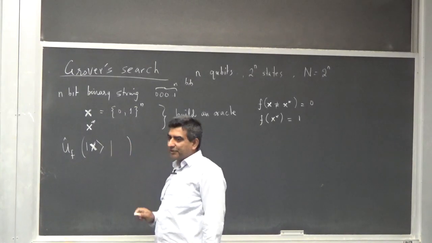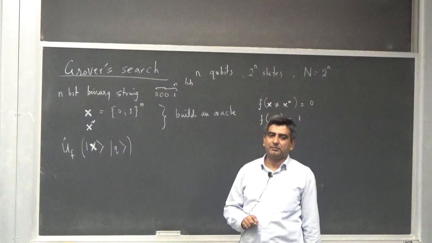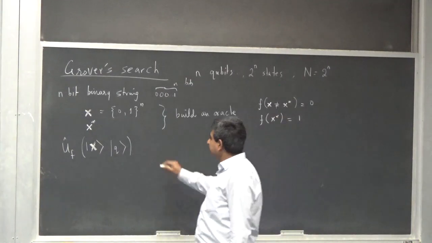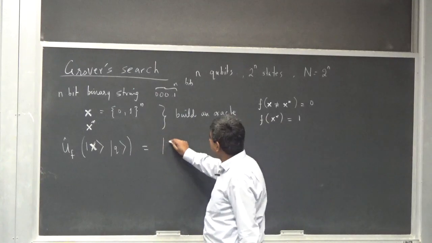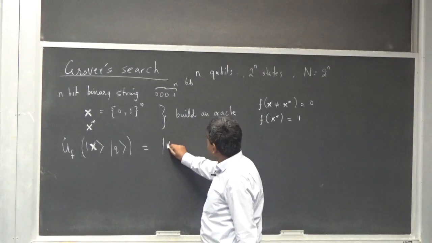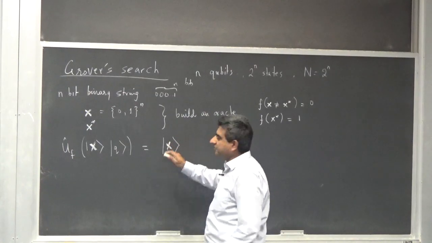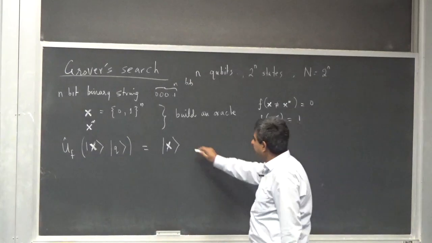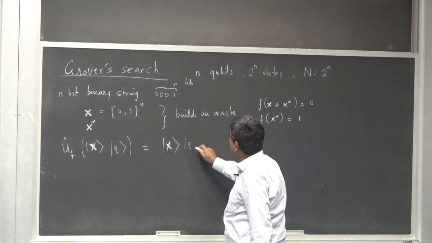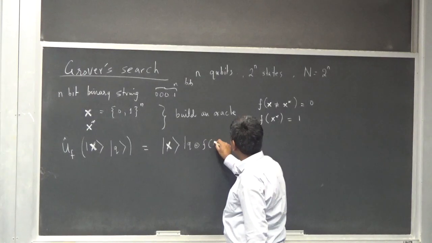And I have an ancillary qubit, say in the state q. What this oracle does is very simple. It leaves the first register, which is a sequence of n qubits, in the same state, and does an exclusive OR of the ancillary qubit with the function on it.